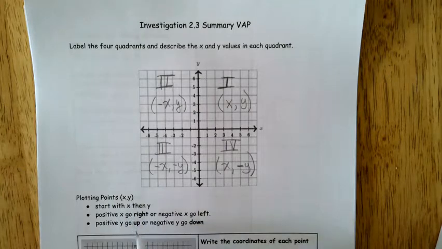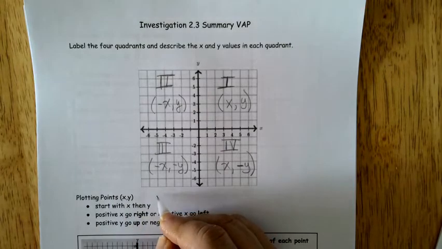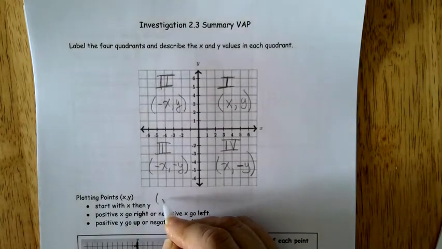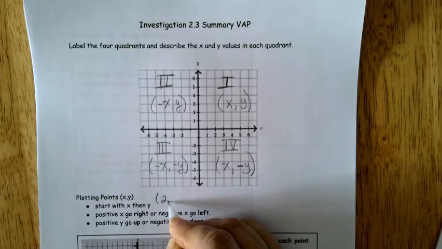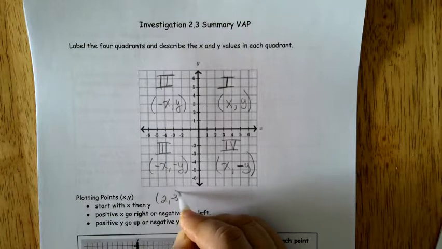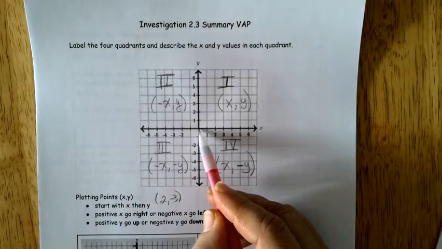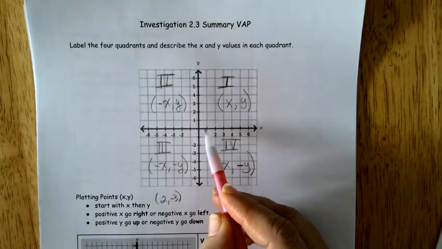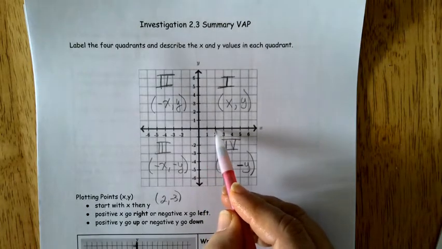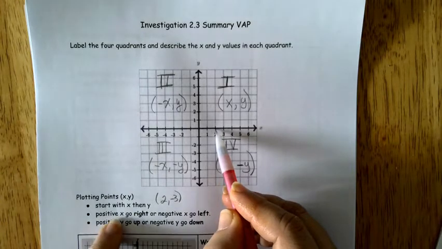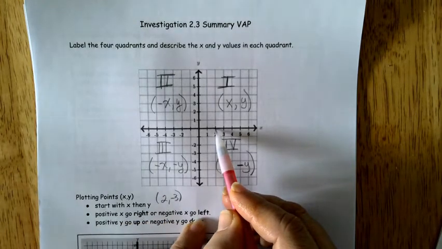Let's say we're going to plot the point (2, -3). So I'm going to start with my x. I always start at the origin, which is right here. And I'm going to go 2 to the right, 1, 2. So positive goes right, negative goes left.